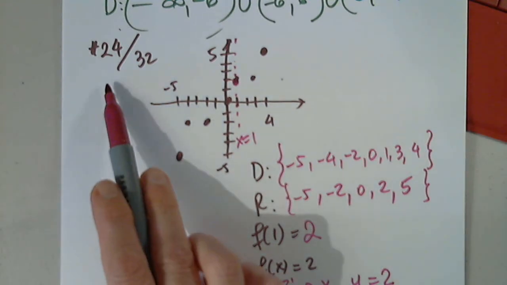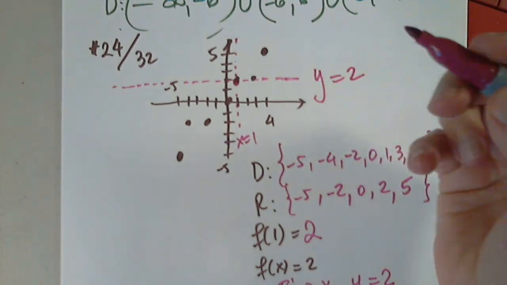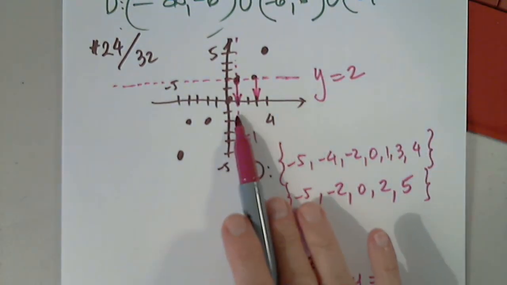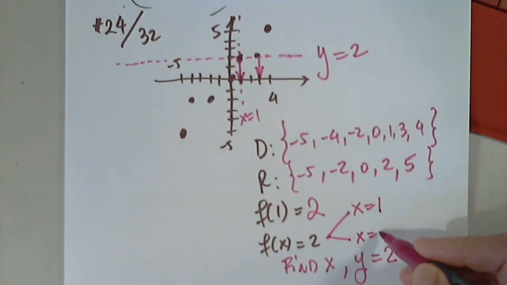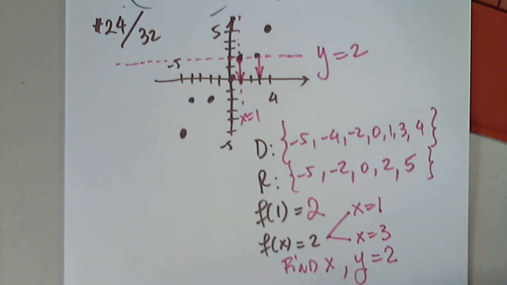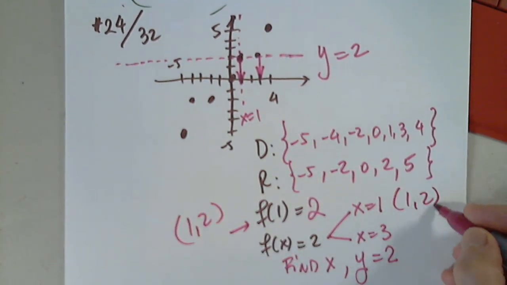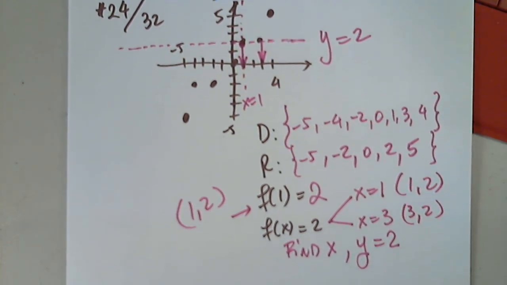So now I imagine that I draw a horizontal line that represents y equals 2, and I will be reading these two x values. So 1 and 3. So here we have two answers, x equals 1 and x equals 3. If you want to give the ordered pairs, for this one you will give 1, 2, of course 1, 2 again, and 3, 2. X is first, y is second. And we answered that question.